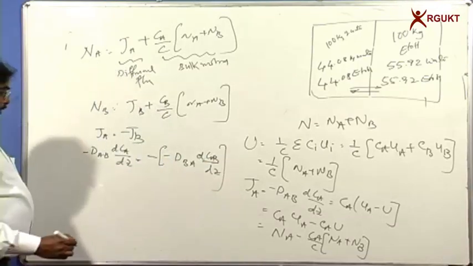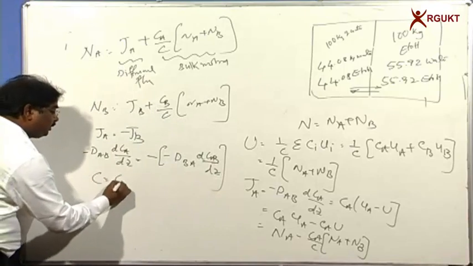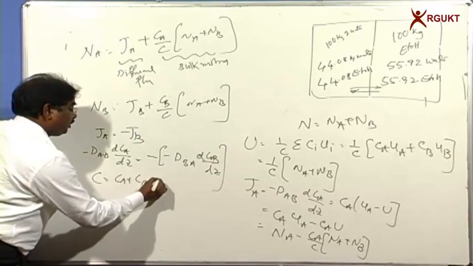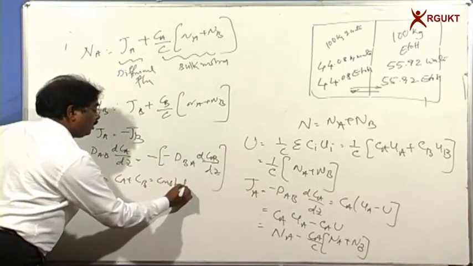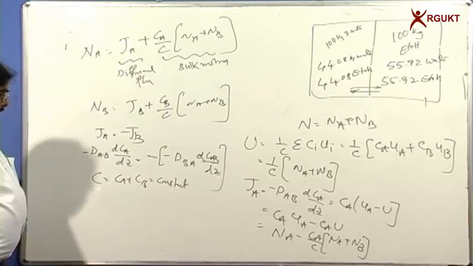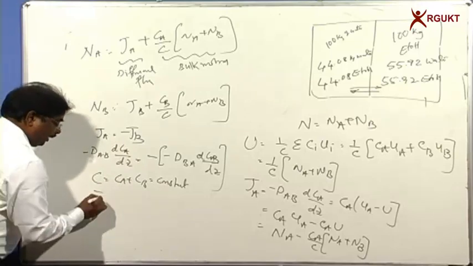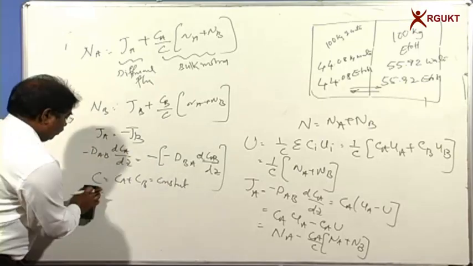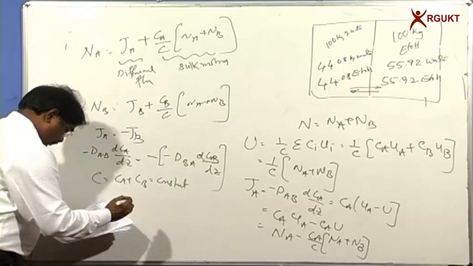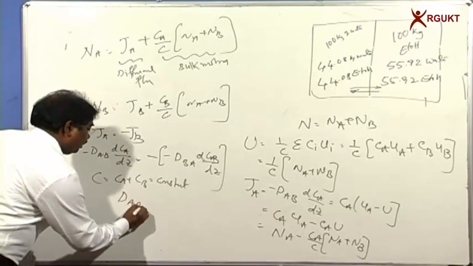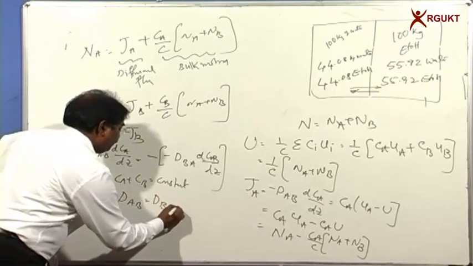And if the total concentration C equal to Ca plus Cb is constant, then dCa by dZ is equal to minus dCb by dZ. So Dab is equal to Dba.